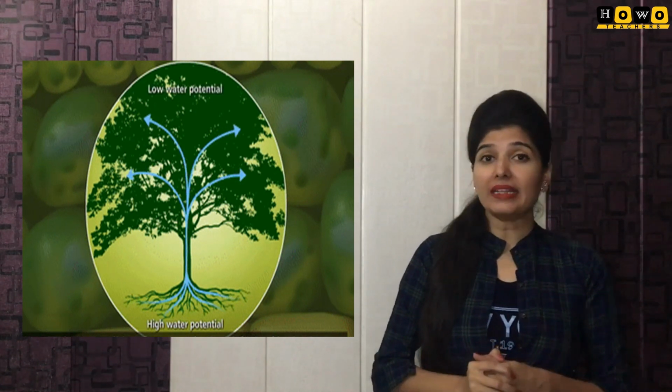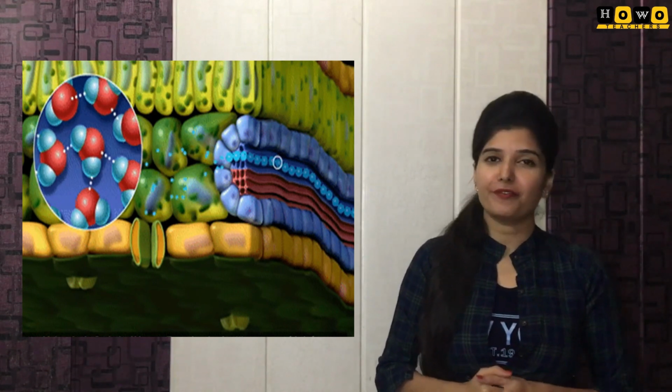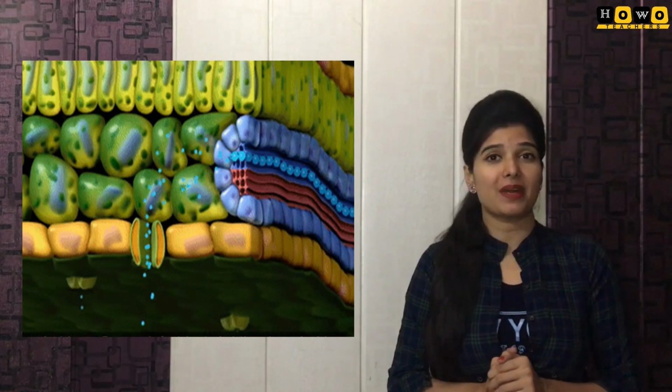Around 90% of the total water is lost by the stomata. The number and the structure of stomata differs from plant to plant, and this is how different plants have different rates of transpiration. So let us see what is the mechanism of stomatal transpiration.